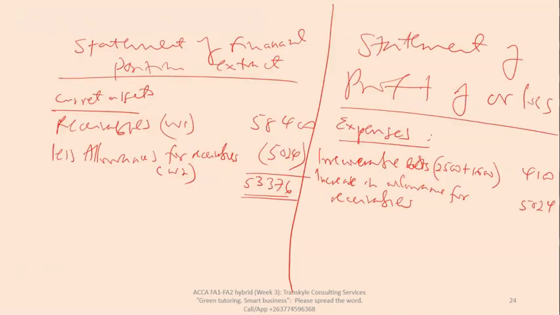We then total up, and we get 9,124. So in the statement of profit or loss, this is going to be shown, and in the statement of financial position, this is what we are going to see as our receivables.